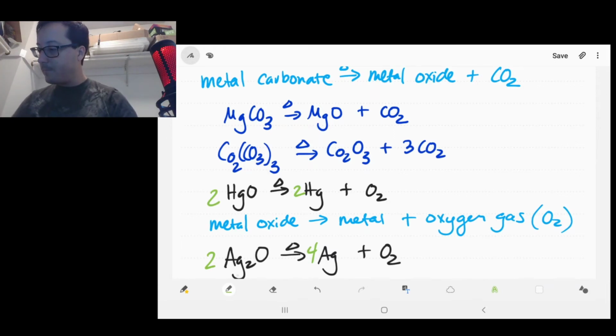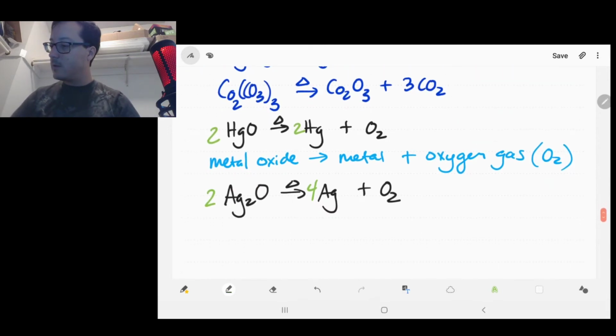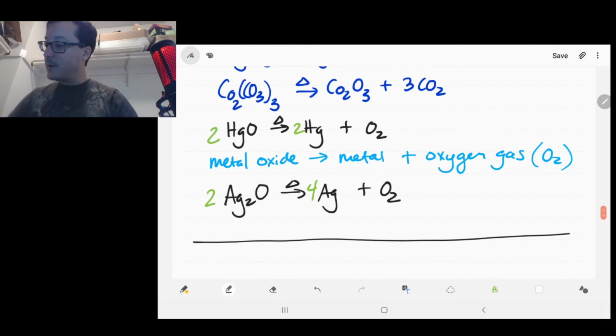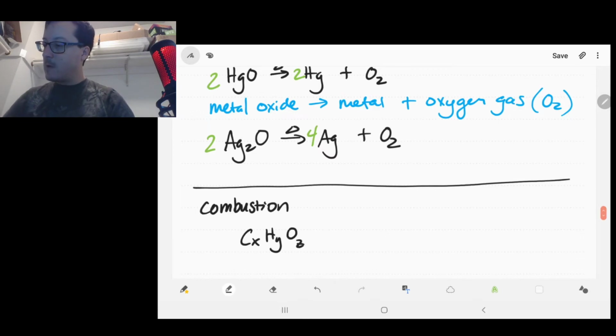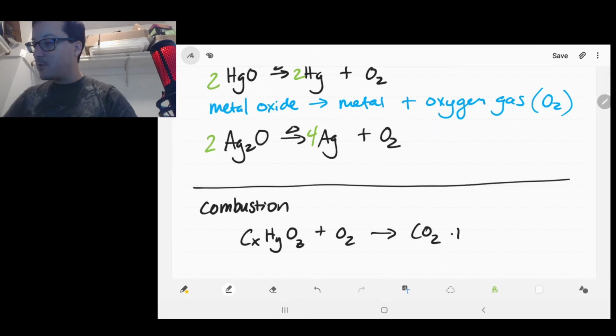The last one is the easiest to predict the products for. The last reaction type is combustion. And that follows this pattern. You'll always make CO2 and H2O.